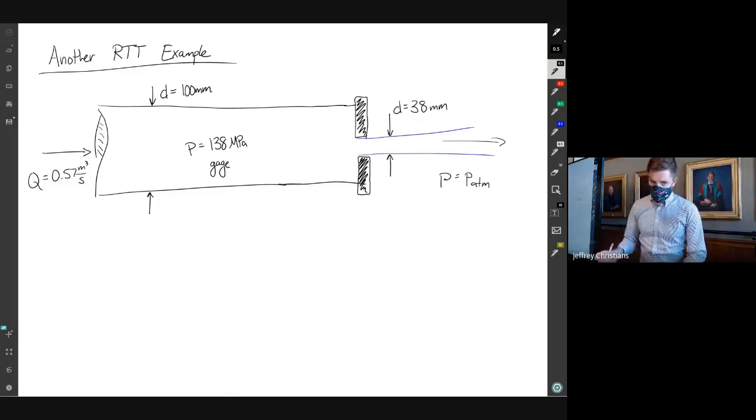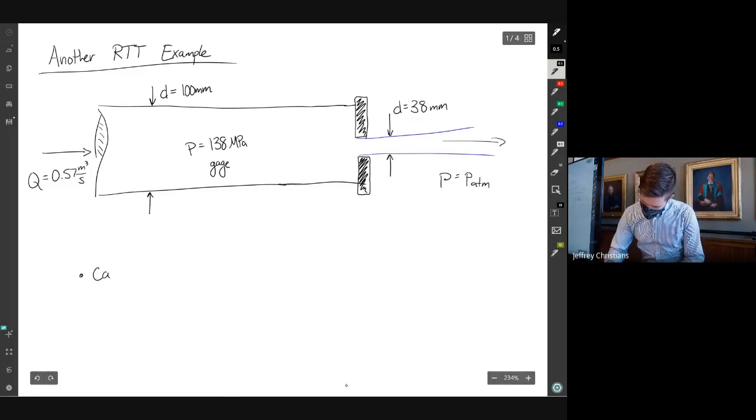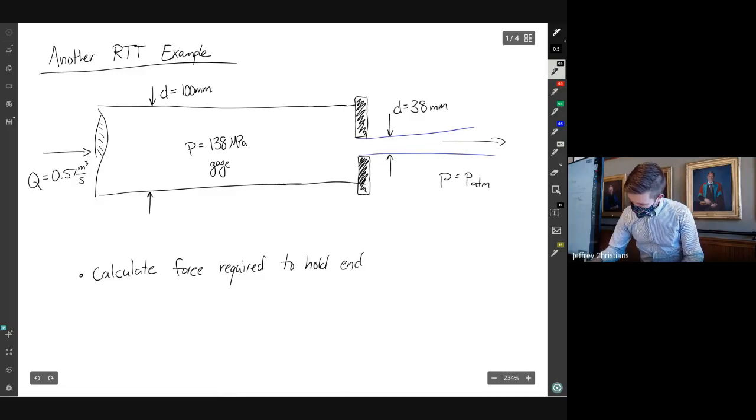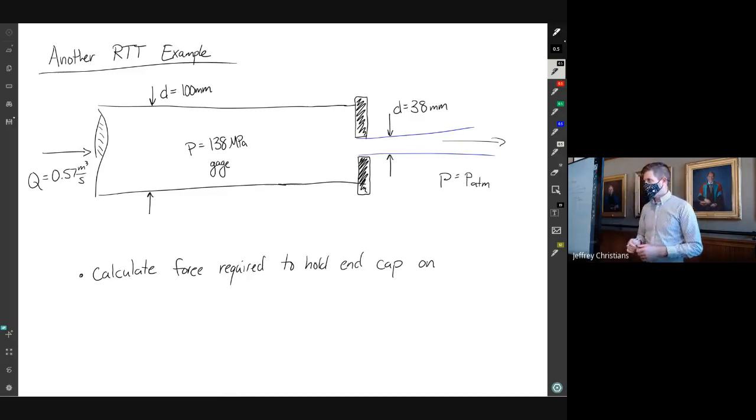So what we want to figure out is the force that it takes to hold our end cap on, right, to keep that from flying off the end of our pipe.